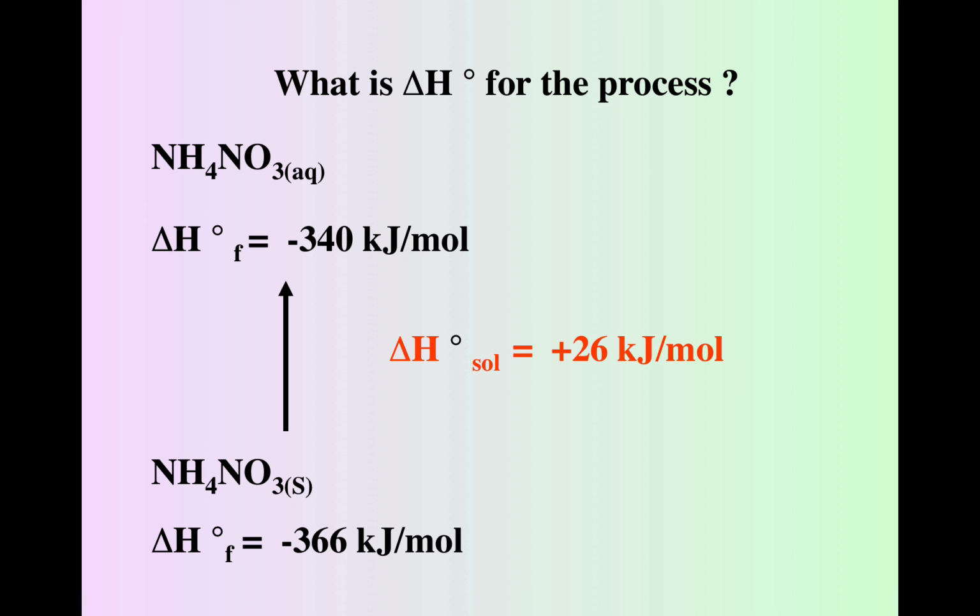Well, if we remember our solubility rules, anything with ammonium ion is soluble. Anything with nitrate ion is soluble. So why the endothermic heat of solution, right? I'd have to put energy in to make this happen. It kind of implies that ammonium nitrate would be insoluble. So there must be something else besides heat driving whether something dissolves in something or not.